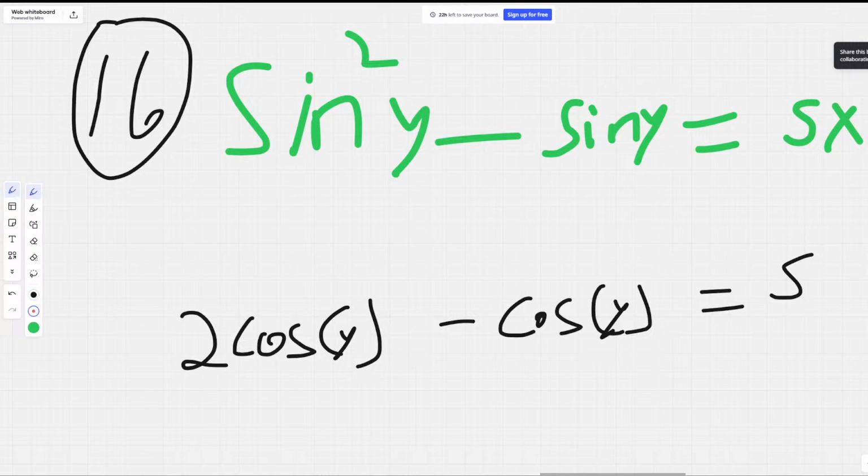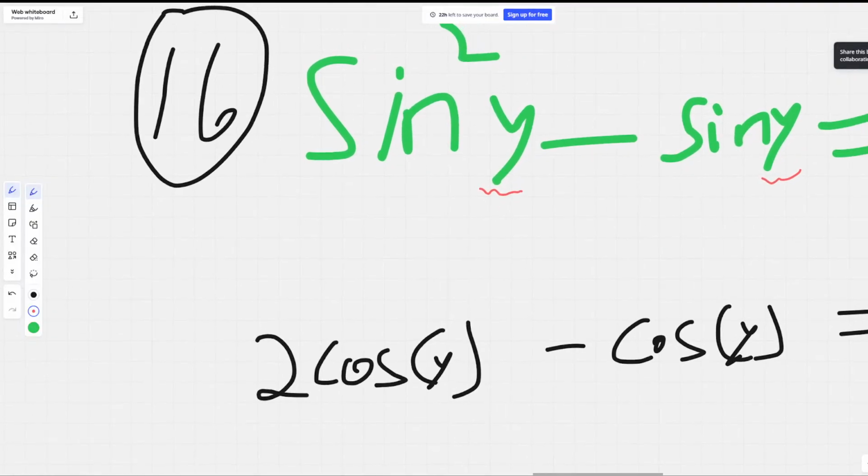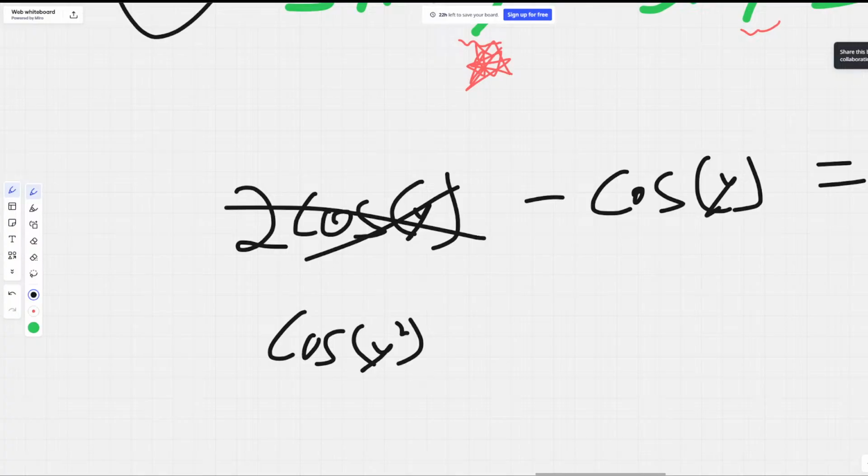The only thing I can think of is still treating this as separate, mostly this one. If I did that, and I didn't do this, it would be cosine y squared, which makes it more of a function.